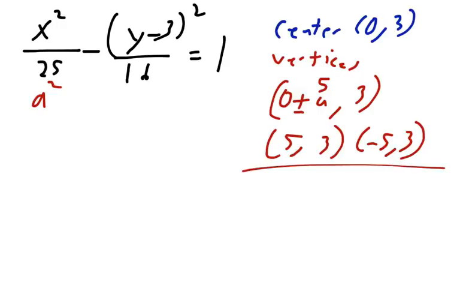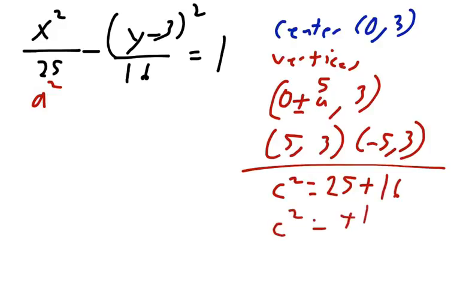To find the foci, first we need to find c squared, which is going to be a squared, which is 25, plus b squared, which is 16. So c squared equals 41, and the square root of 41, so c is about 6.4.